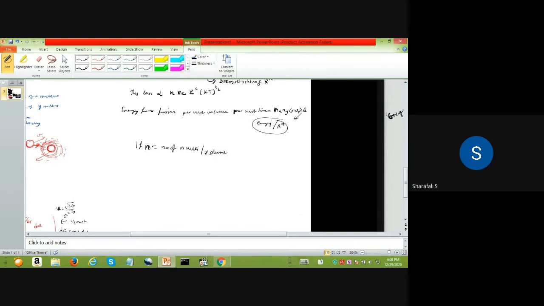So that is n, the number of nuclei per volume. And the number of electrons will be the same, n also. So this is the number of electrons per volume that we have taken. Both will be the same because the electrons are knocked out from these atoms, and the same atoms give us the nuclei. So the number will be the same.